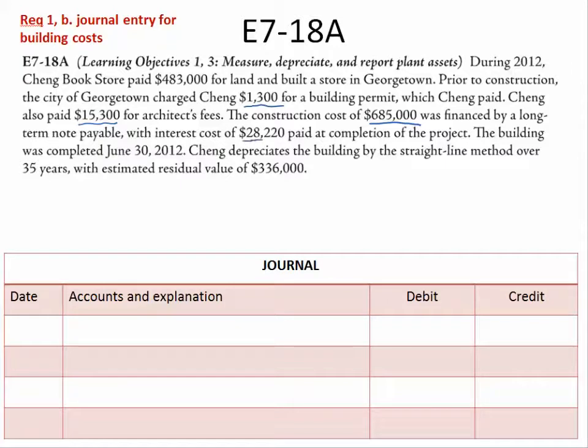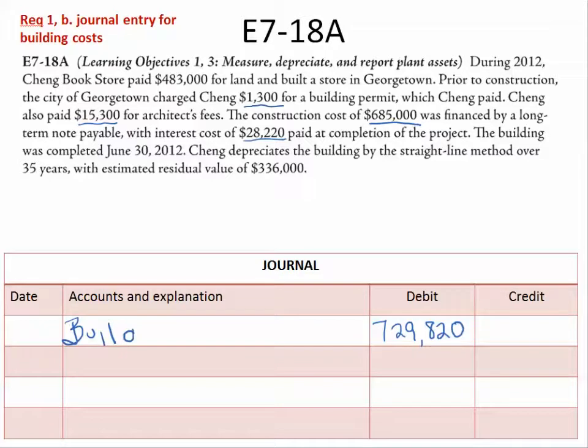Interest cost during construction is part of the cost of the building. If I add those four numbers up, I will end up with $729,820, and that's all the costs of my building.